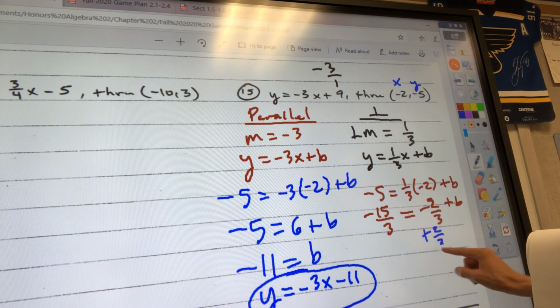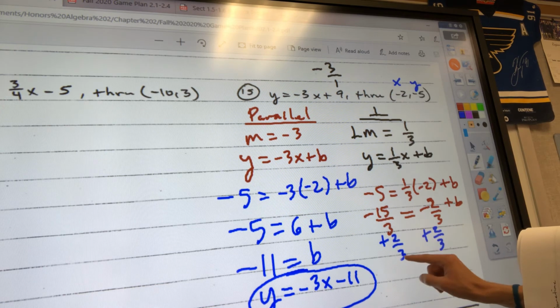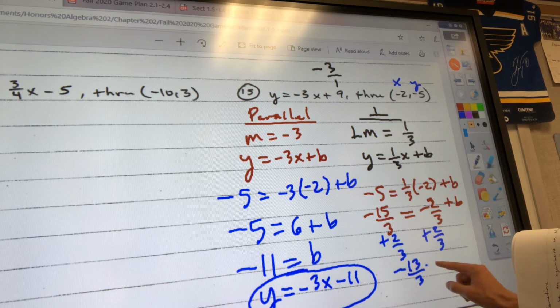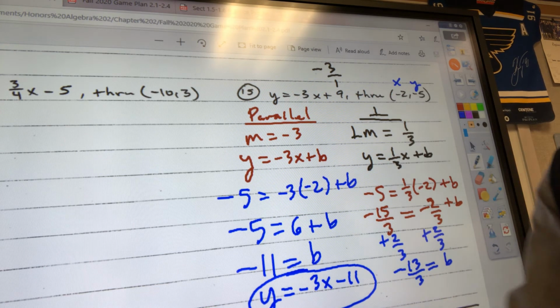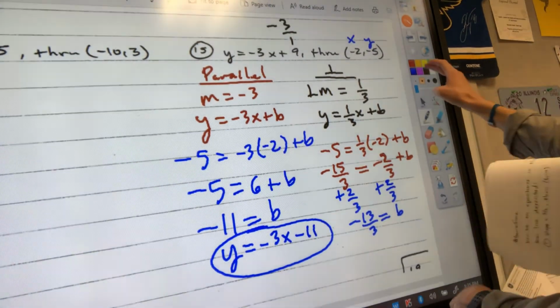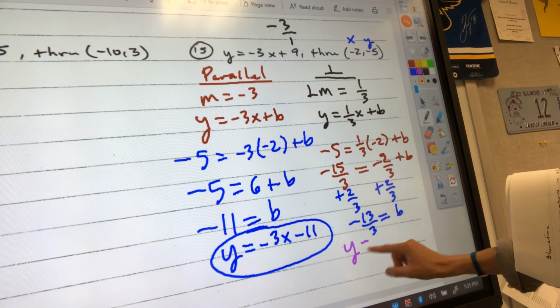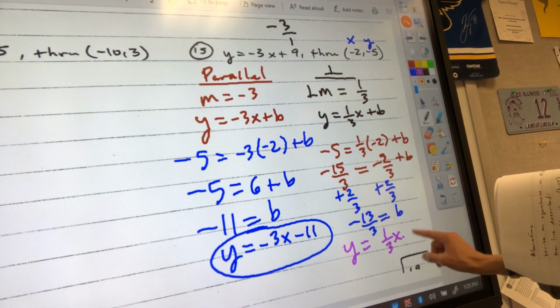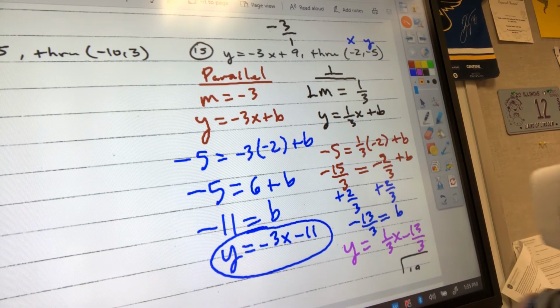Add 2/3 to it. Negative 13 over 3 is b. So y is equal to a third x minus 13 over 3. That is my equation for the perpendicular line.